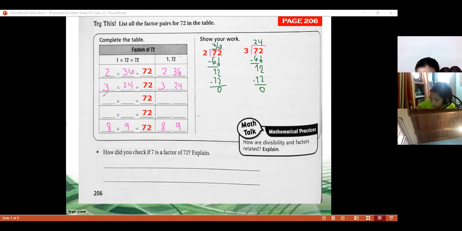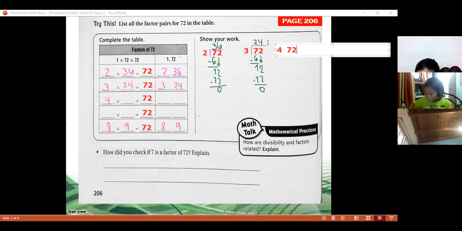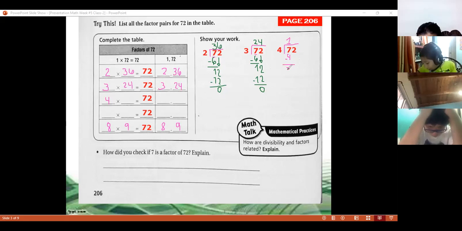Now, can we divide 72 by 4 and get remainder 0? Yes. Let's find it out, checking using the division. So let's divide 72 by 4. 7 divided by 4, class. 4 times 1, yes. And it's 4. And 7 minus 4? 3. Excellent. Now we put down the next digit, which is 2.